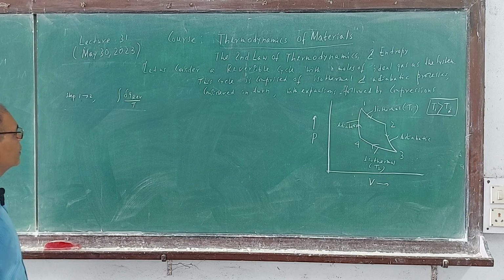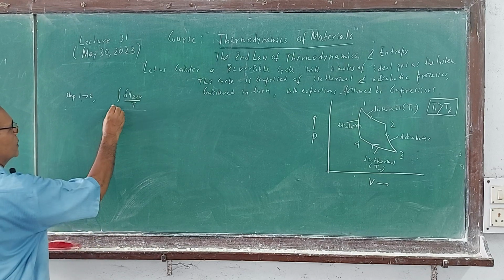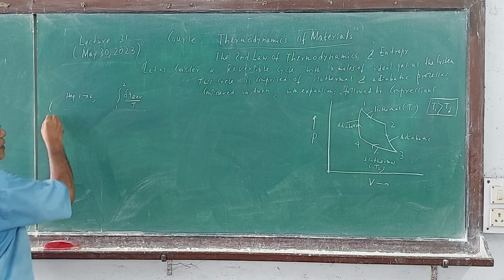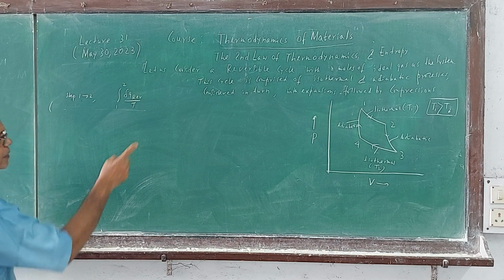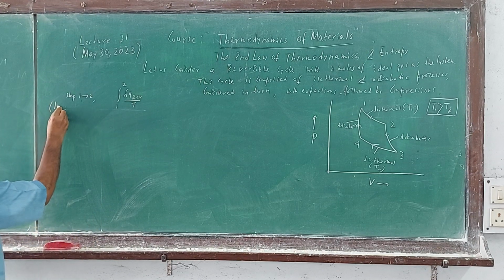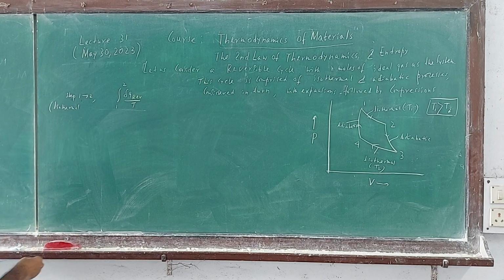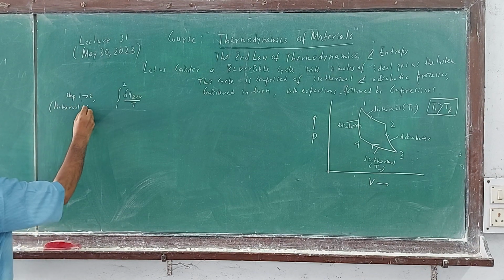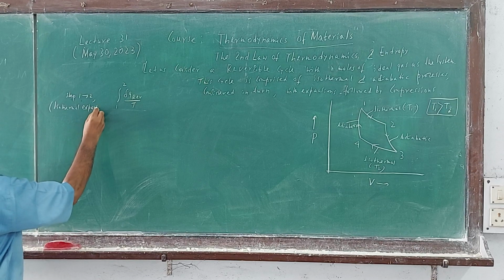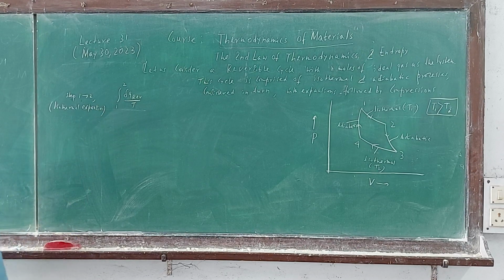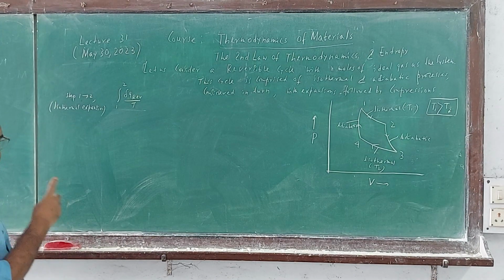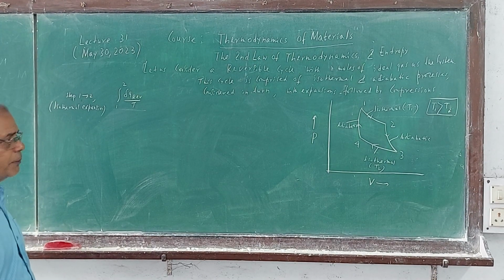What is this step? You know very well, right? Isothermal expansion. As you see clearly, isothermal expansion. At the end, I will tell you why I consider this function dq reversible by T.